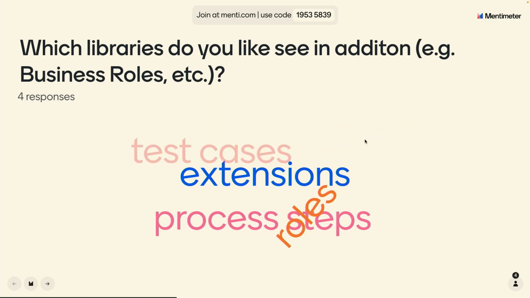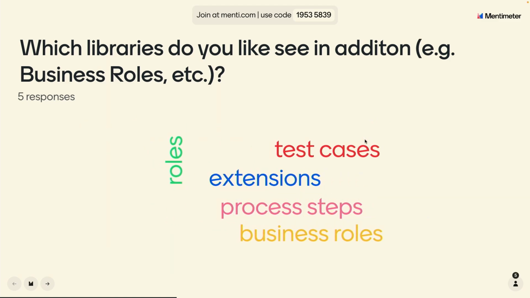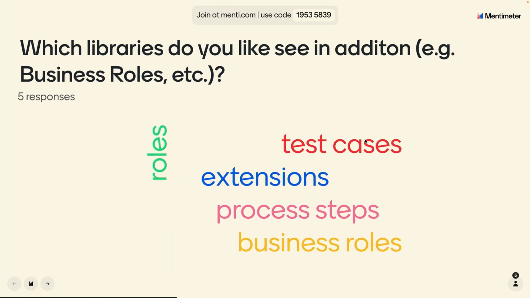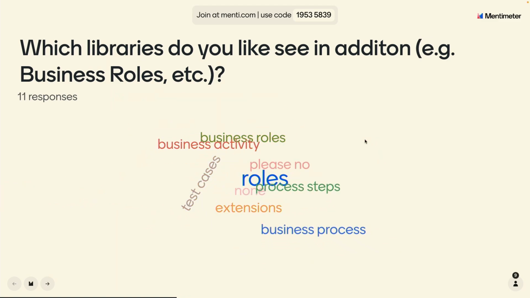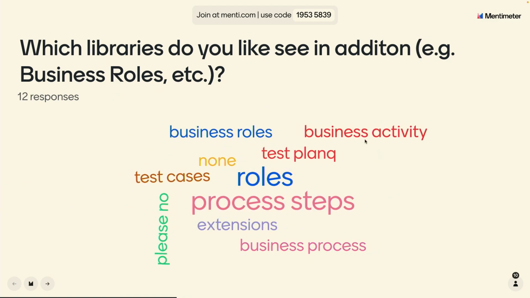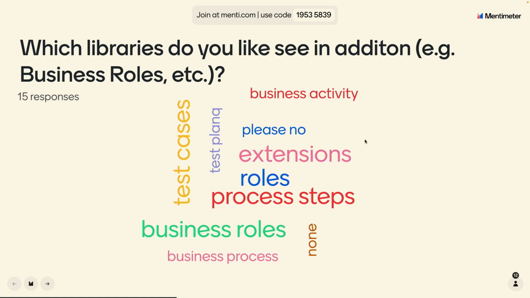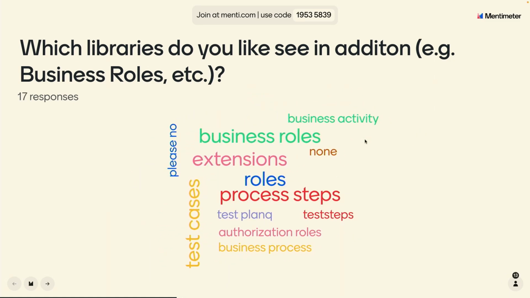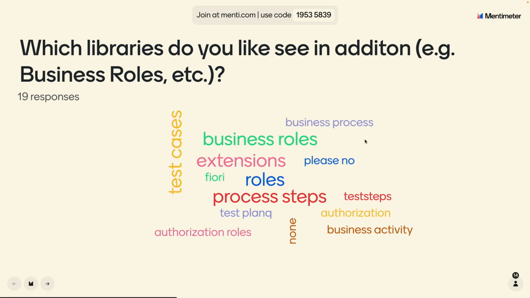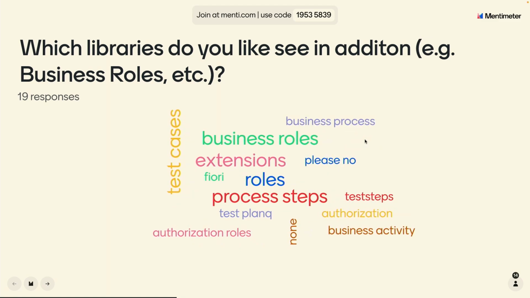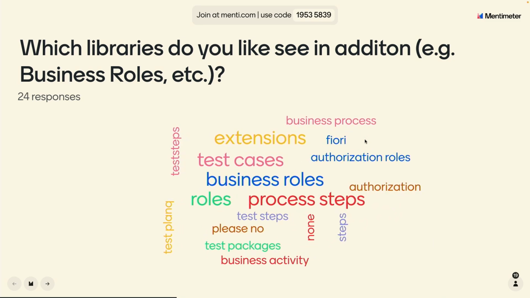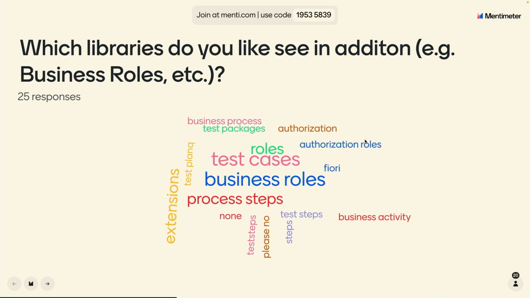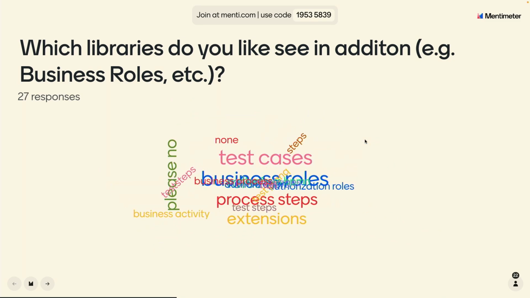Process steps, test cases, roles. Yeah, nice. Business roles, very good example. Using business roles for the lanes in our diagrams makes a lot of sense. Test step.